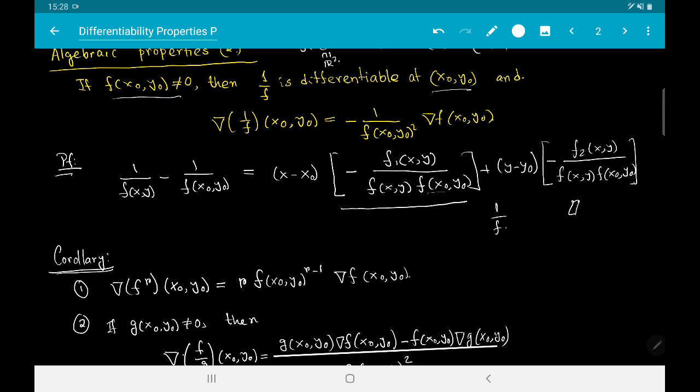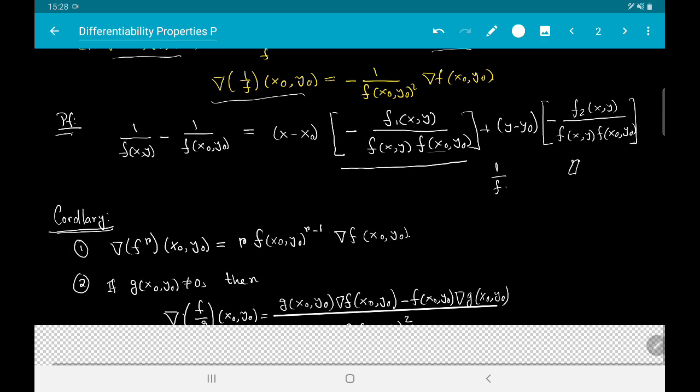As I have mentioned many a times in the previous slide, computing the gradient is not a big deal. It follows readily from the properties of partial derivatives. Now let us look at some corollary.